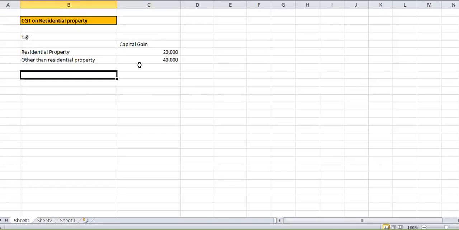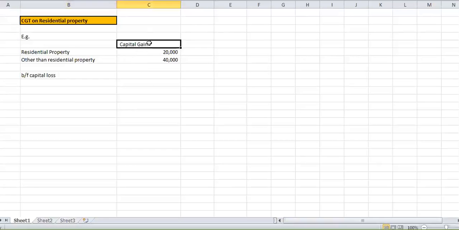Apart from these gains, we have brought forward capital loss of say £15,000.